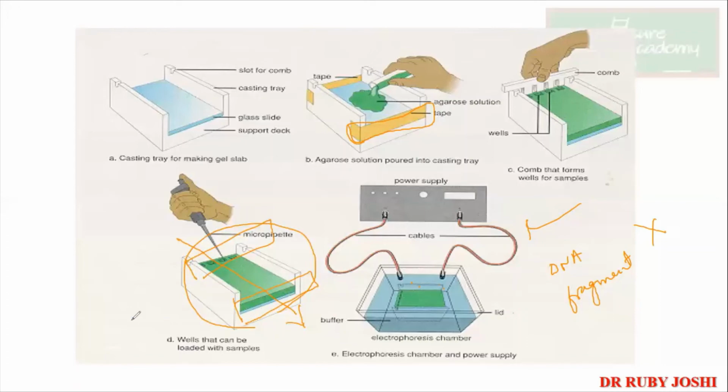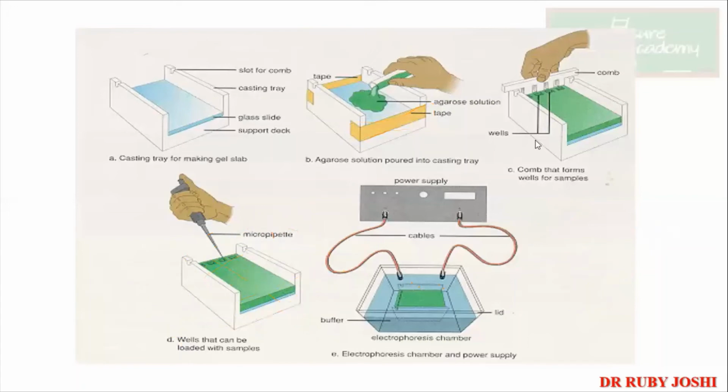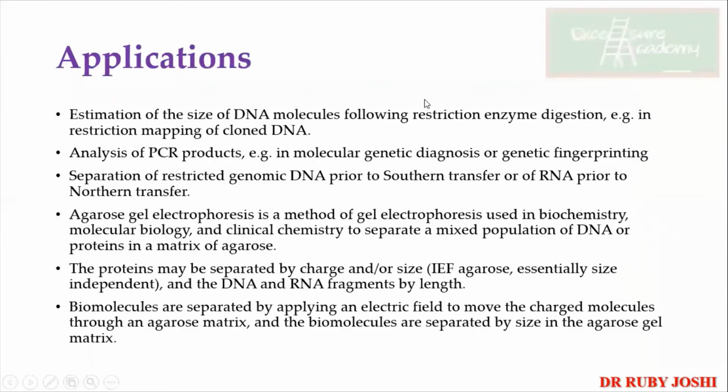Correct? Only in the entire buffer it was able to pass, but it is not able to pass from here. And when it doesn't pass here, the DNA present in the well was not able to move, and because of which there was no DNA fragment separation. Clear? So these silly mistakes happen when you start doing the experiments. When you are new, such things happen.